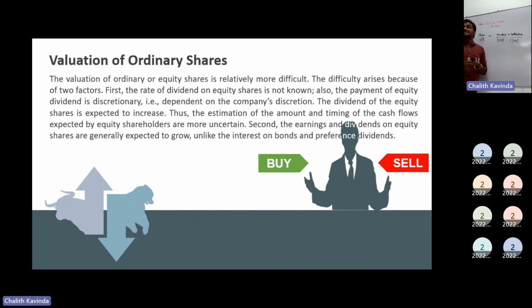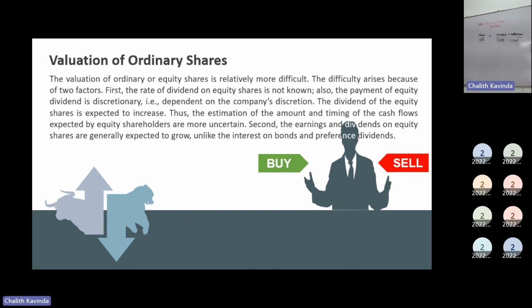That is why here it says at the very beginning, the valuation of ordinary or equity share is relatively more difficult. Look at that word, relatively, implying compared to debentures. Debentures are somewhat easy, but shares are difficult. Why? The difficulty arises because it is very difficult to know the values of these dividends. It says the difficulty arises because of two factors.